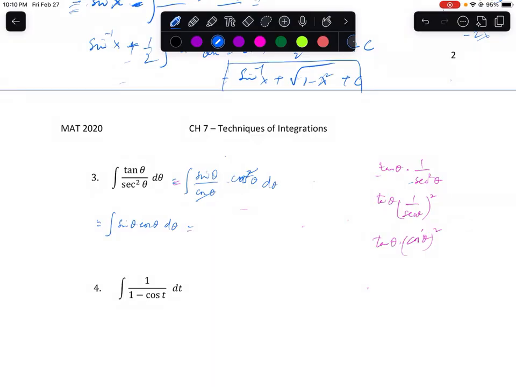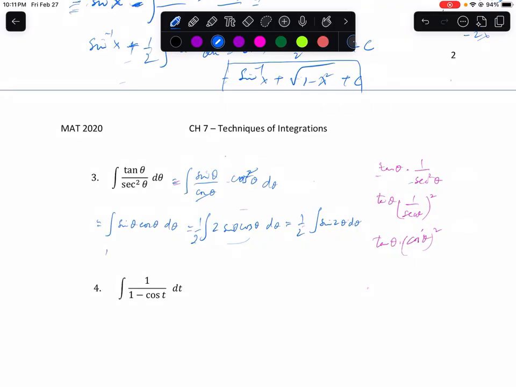So we know that if we have a 2 here, this quantity is sine 2 theta. So I introduce a 2 here, but then I have to divide by 2. So I have 1 over 2 outside. So inside now my quantity is sine 2 theta d theta.